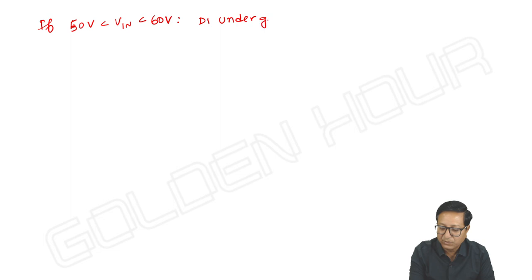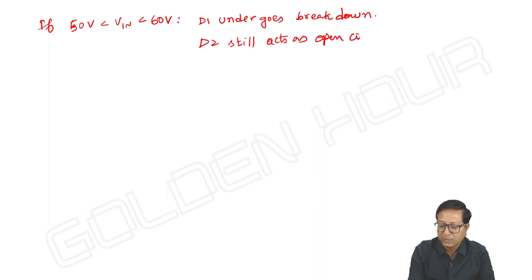If V input is in between 50 volts and 60 volts, D1 undergoes Zener breakdown, of course, and D2 still acts as open circuit.